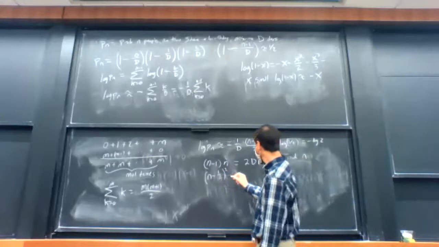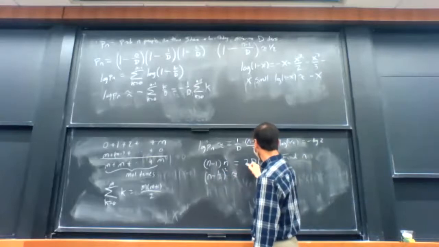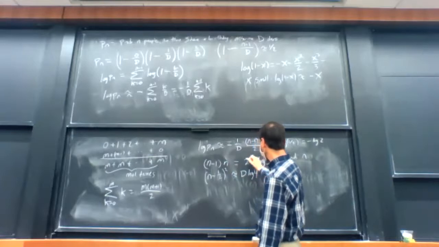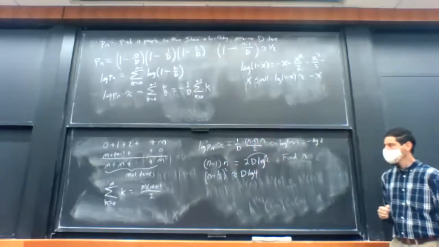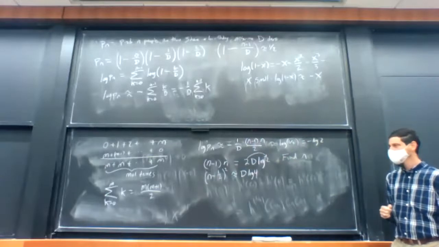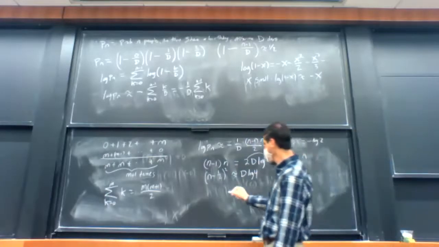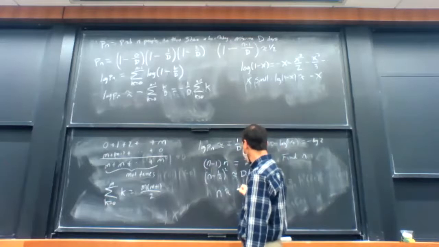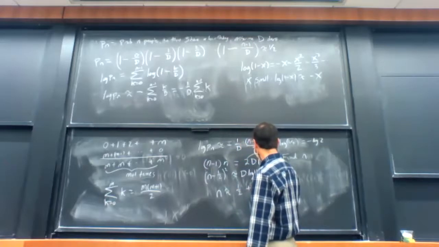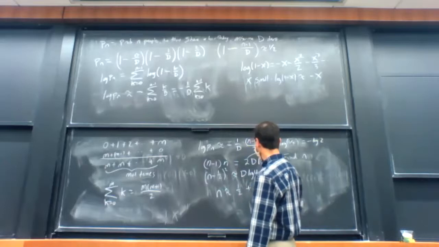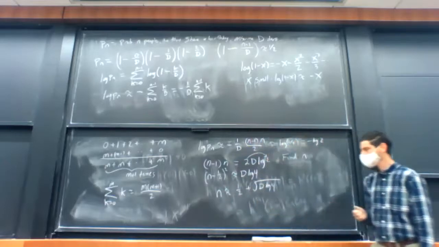So n minus 1/2 squared is approximately 2d log 2. I'm going to write that as d log 4. I'm going to move the 2 inside. Well, if n minus 1/2 squared is about d log 4, that means n is approximately 1/2 plus the square root of d log 4. Take the square root of both sides and then add it back.